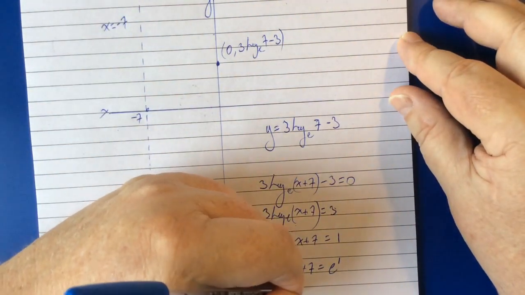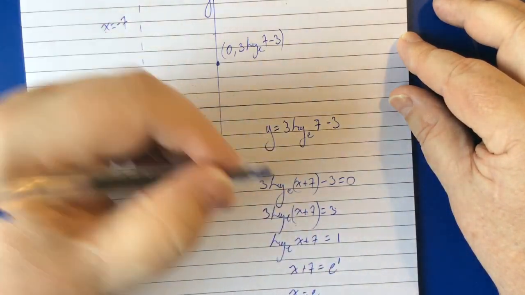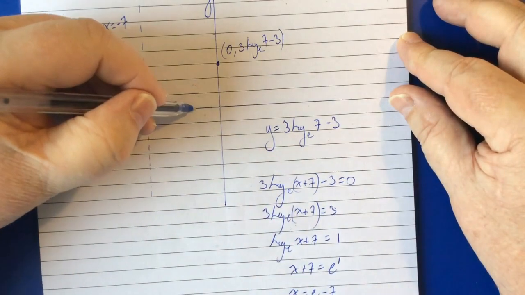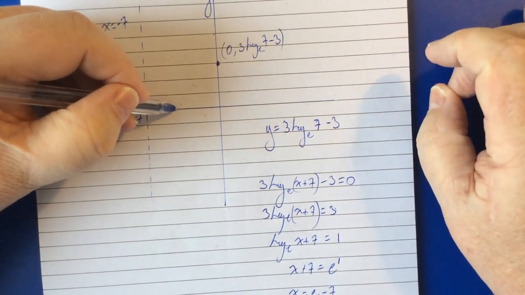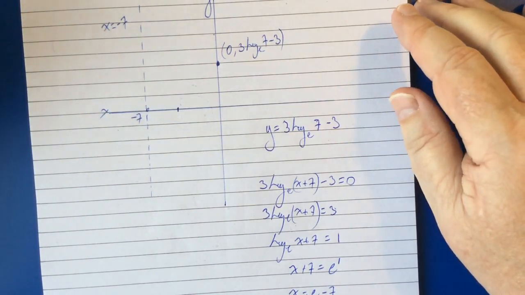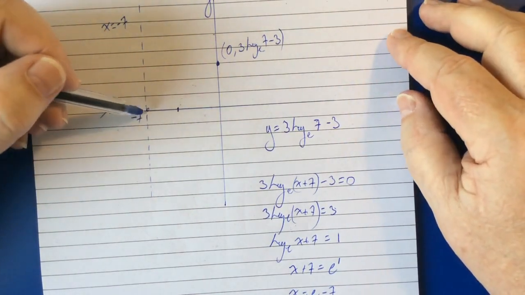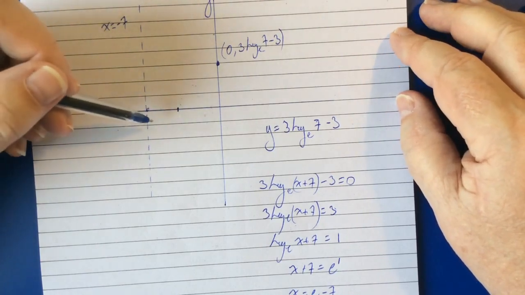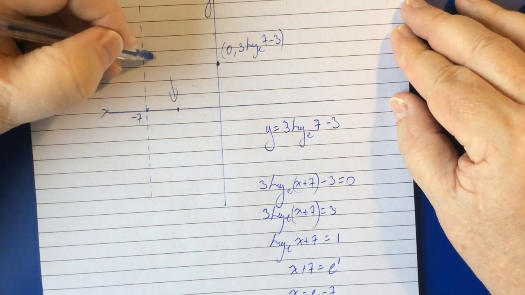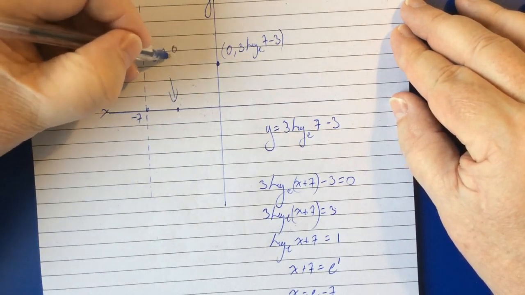So we get a value of x equaling e to the power of 1, which is e, minus 7. And that is some point here, which again you can work out with a calculator. It's actually probably closer to here than my drawing indicates. But this point here is (e minus 7, 0).